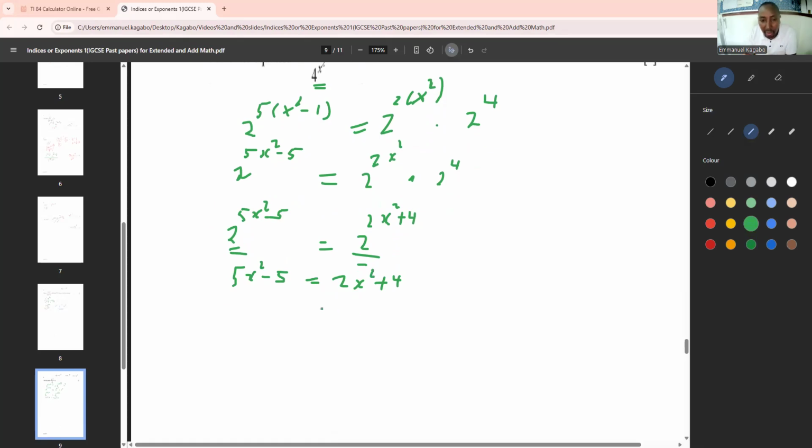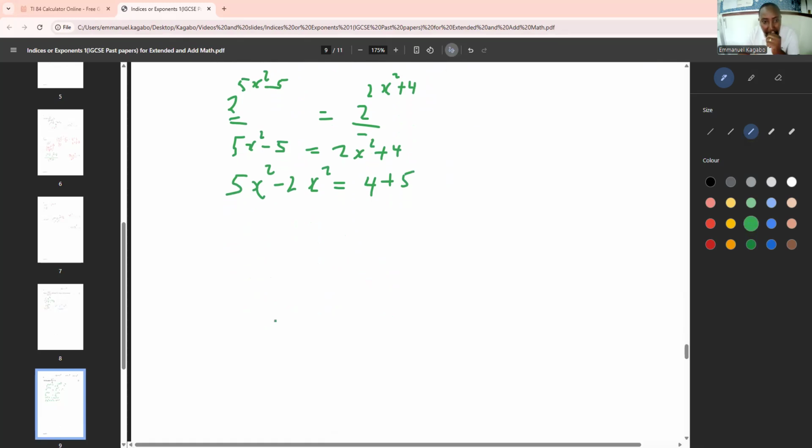Now, what do I do next? Collect like terms, guys, okay? So it's going to be 5x squared minus 2x squared. Math is amazing, guys, okay? Equals 4 plus 5. All together? Very good question here. Now, this gives me 3x squared equals 9.